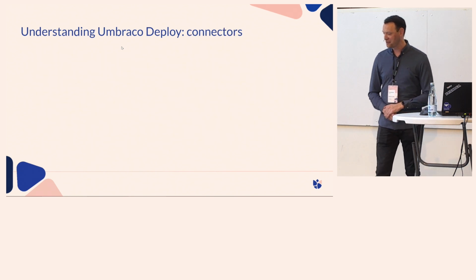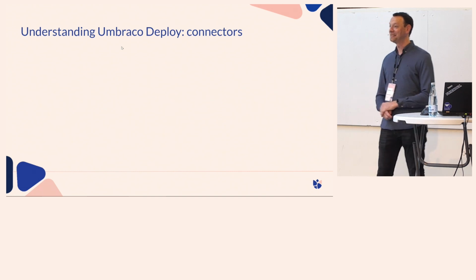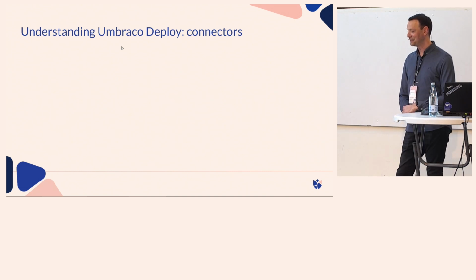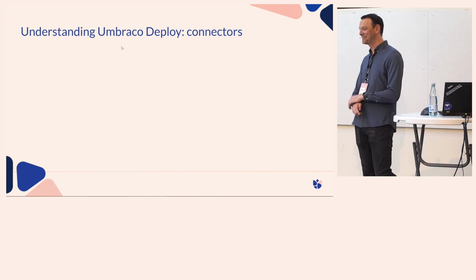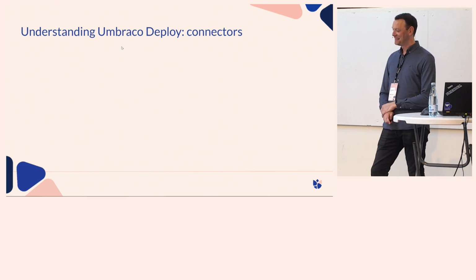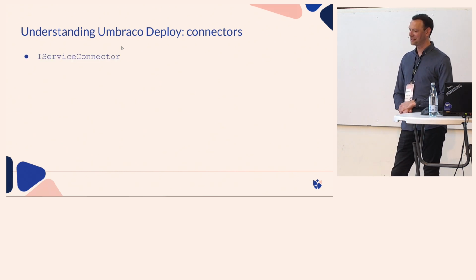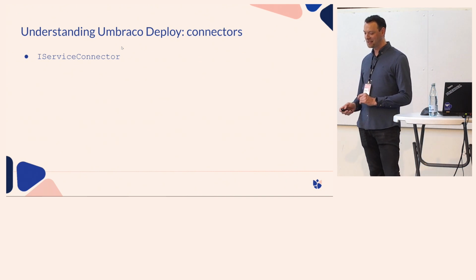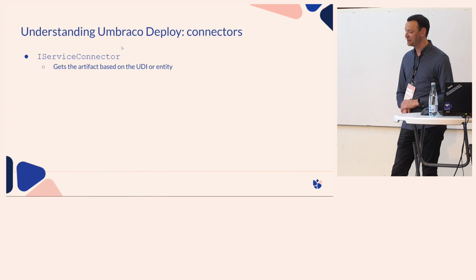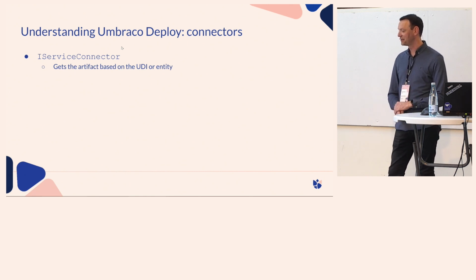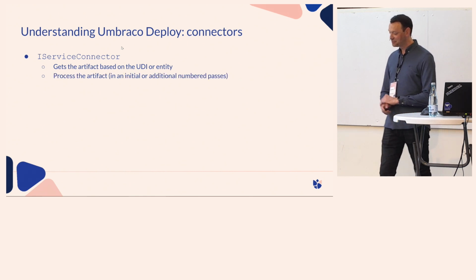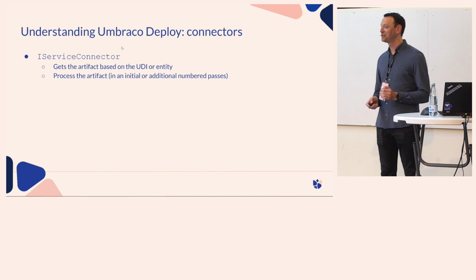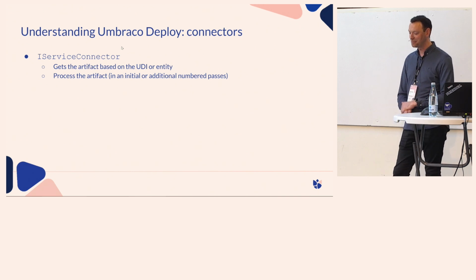Okay, now let's discover how Deploy actually does these deployments. The main workhorses are service connectors. Service connectors can get an artifact by either the UDI or entity. They can process the artifact in an initial or numbered additional passes.